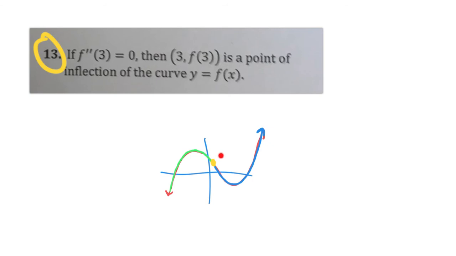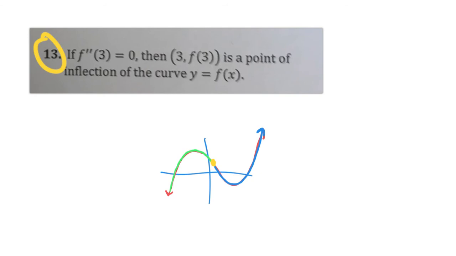Anytime the graph changes from concave down to concave up, then you know that we're dealing with a point of inflection. That's like the definition of a point of inflection. It's the point about which a graph turns from concave down to concave up or vice versa.